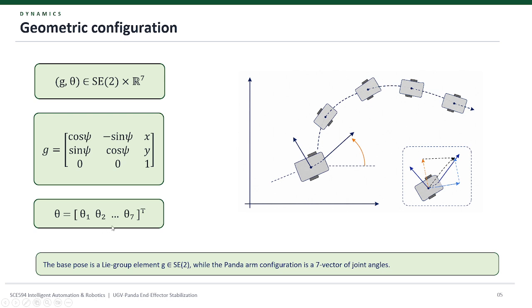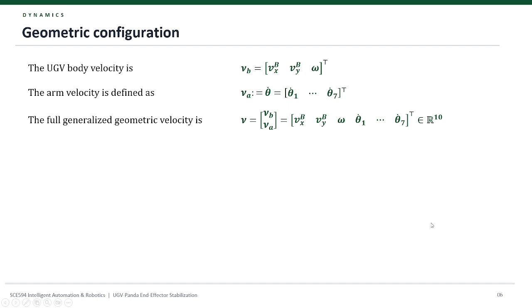Each joint itself is ideally in S1, but it is isomorphic to R, so the arm is isomorphic to R7. So we define the system in SE(2) cross R7, as we see here.